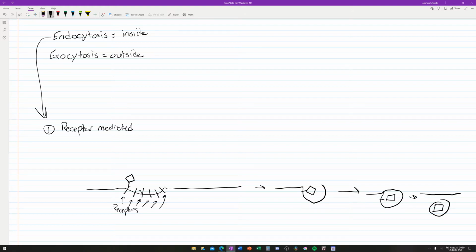That's receptor mediated endocytosis. Let me draw the other receptors just so it's not confusing. Now you're wondering, where's the energy for this? You need ATP to do this.